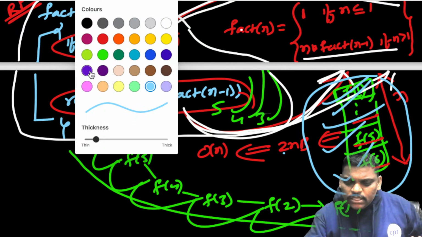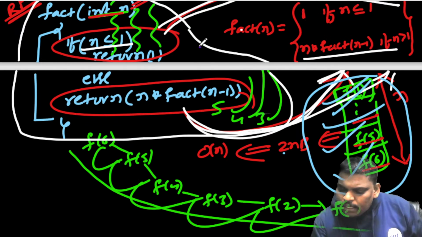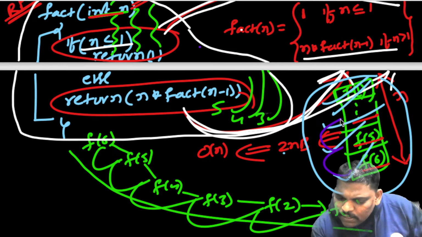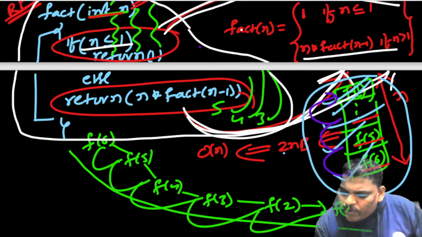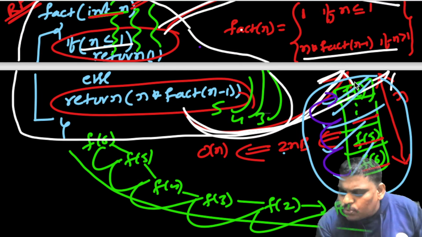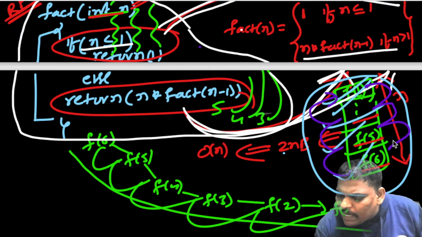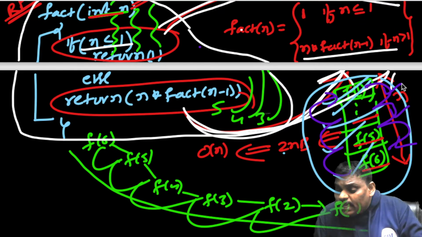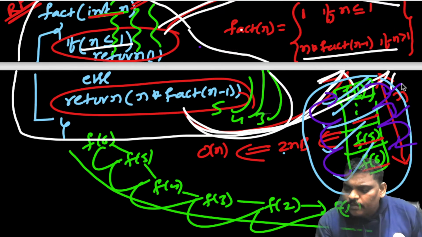If you keep them in one stack, see the advantage. Function calling is a push and goes to the next slot; function over is a pop and goes back to the previous slot.